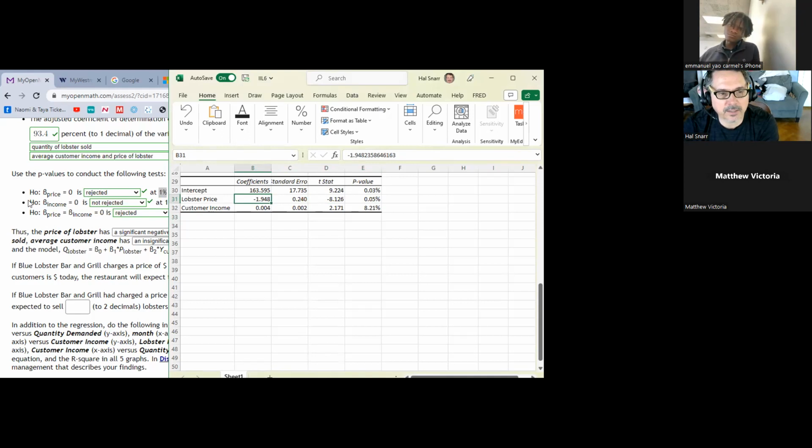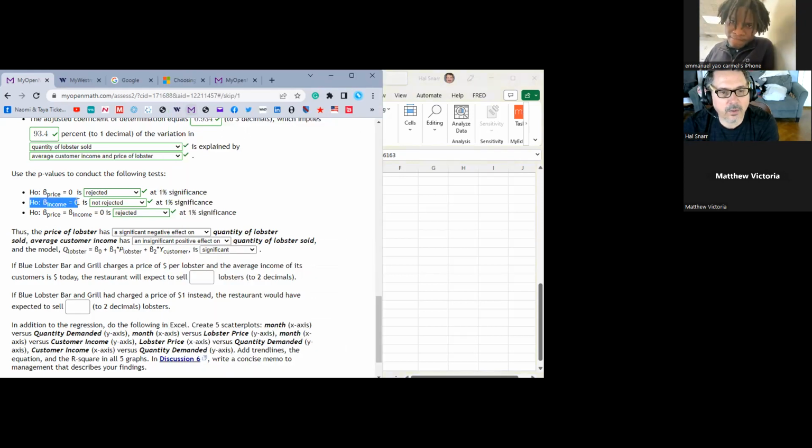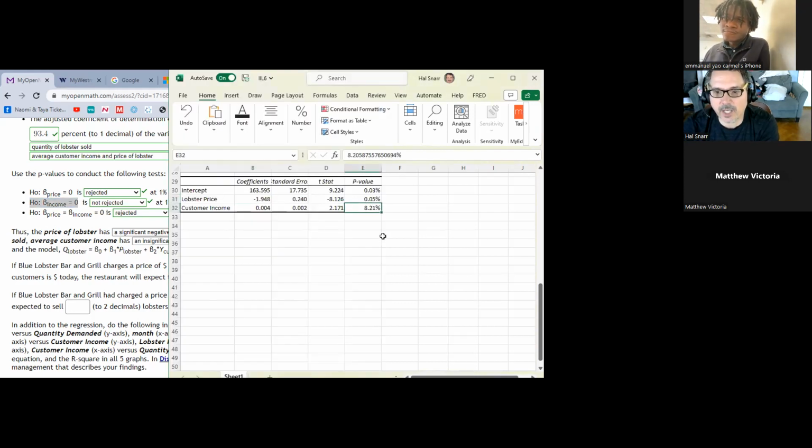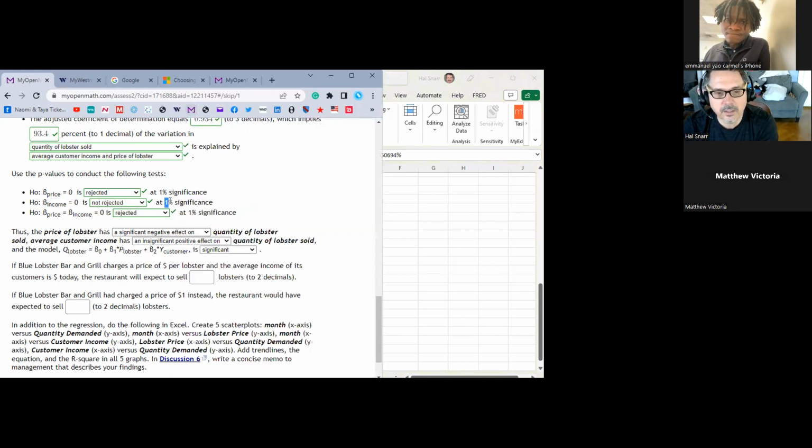On the next hypothesis, I couldn't reject at 1% because its p-value in percentages is 8.21%, bigger than my 1% significance level.